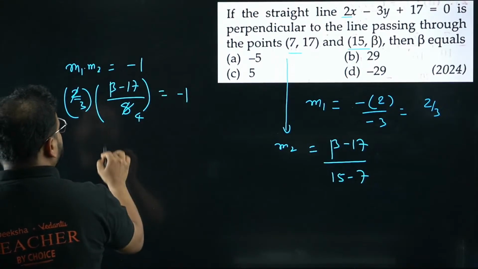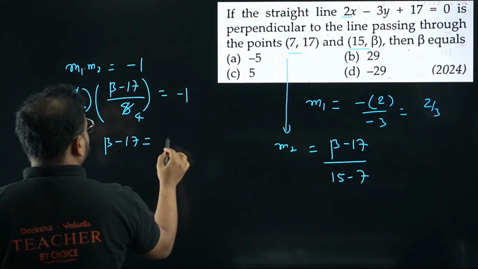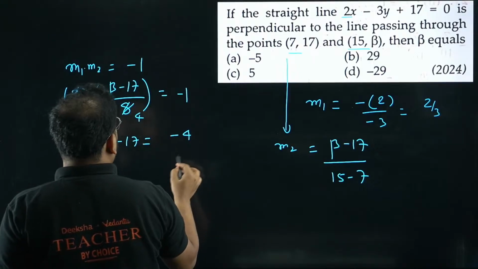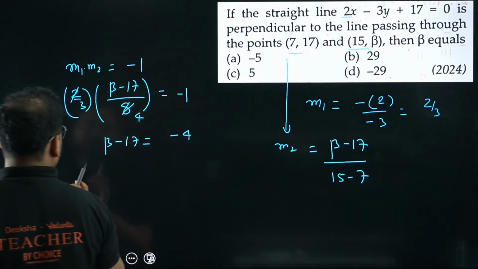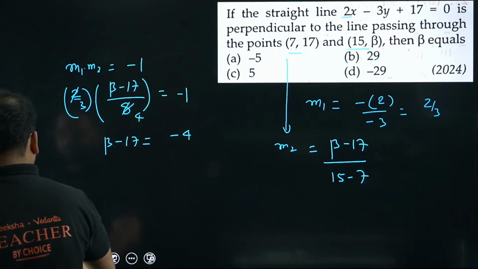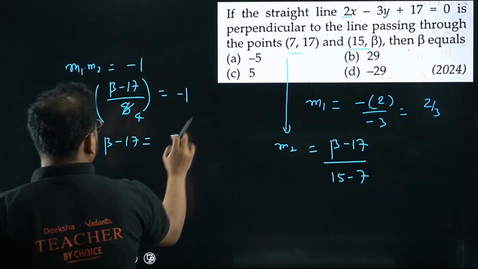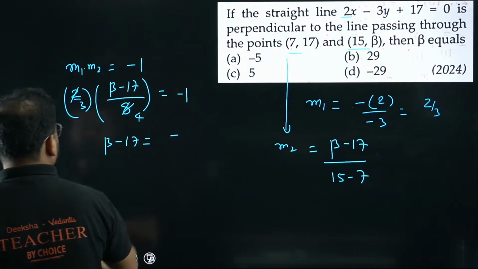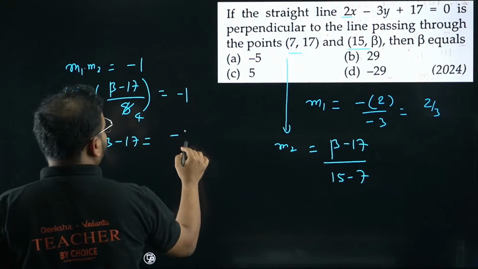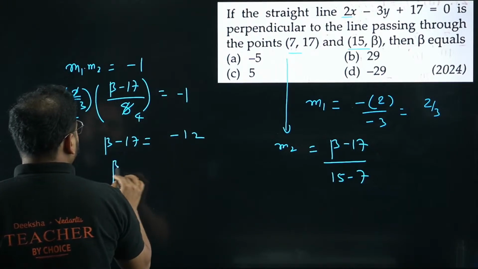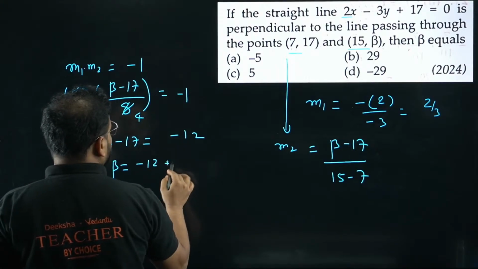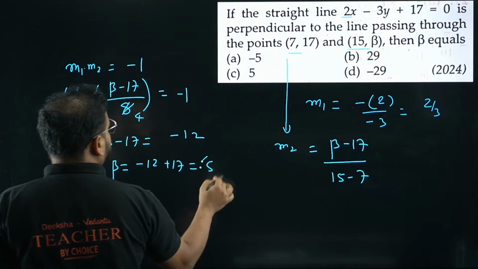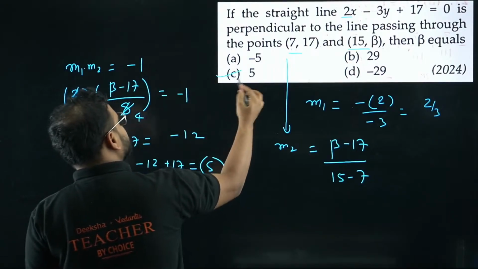Moving on that side, I get b minus 17 equals minus 12, since 4 into 3 is 12. So b will become minus 12 plus 17. Answer is simply 5. Option is C.